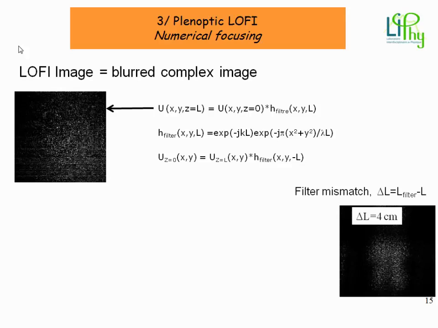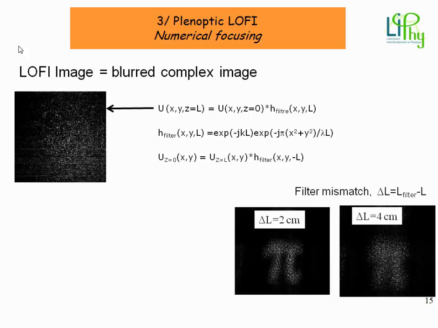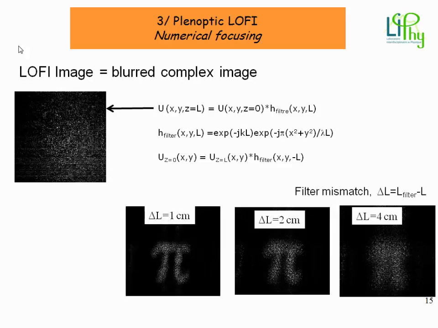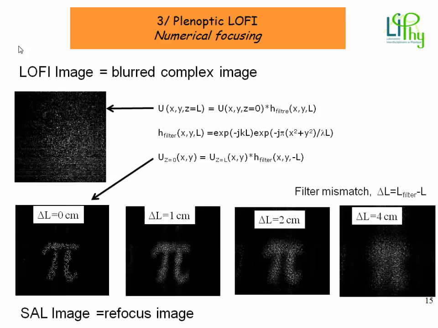The lower graph here shows an example of a numerical refocusing for a target composed of silica beads, again located behind the P-shaped hole. And in this graph, we can see how the numerical refocusing occurs when the filter mismatch, given by this equation, decreases to finally achieve the adapted filter.